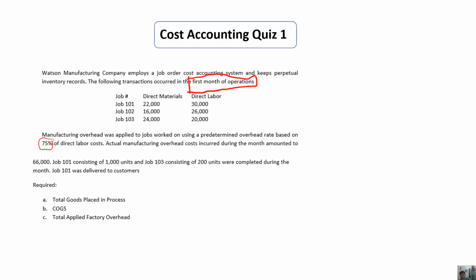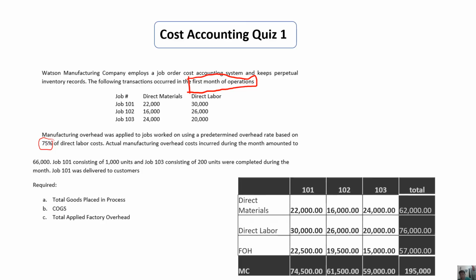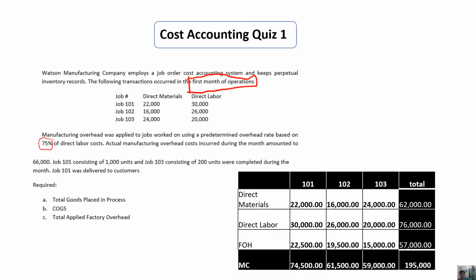So dahil job order to at nagbigay ng specific job, so much better na mag-create tayo ng table. So ano ba yung composition ng table natin? So ganito po yung magiging itsura niyan. So meron tayong job 101, 102, 103, then total. Then total ng each job, meron tayong direct materials, direct labor, factory overhead, ang total nun ay manufacturing cost.